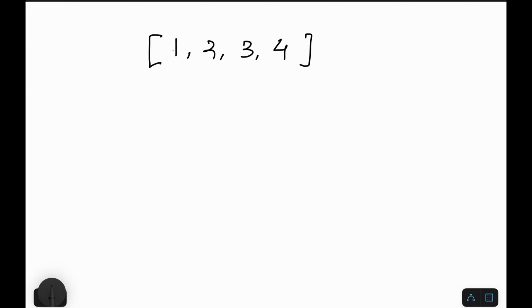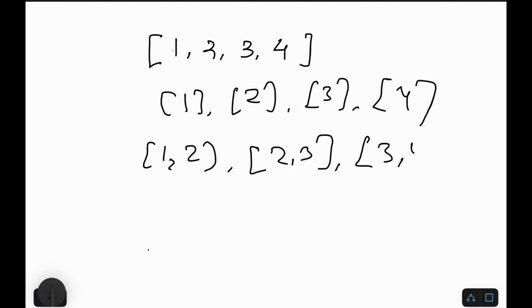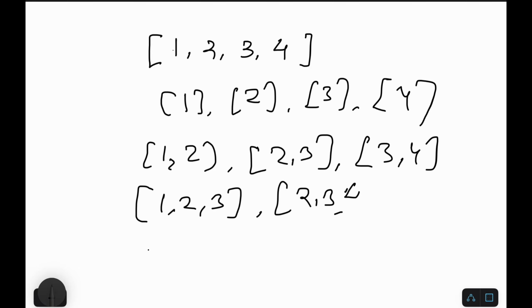The subarrays of length 1 are 1, 2, 3, 4. Similarly, for length 2, we have 1, 2, or 2, 3, or 3, 4. And for length 3, it could be 1, 2, 3, and 2, 3, 4.